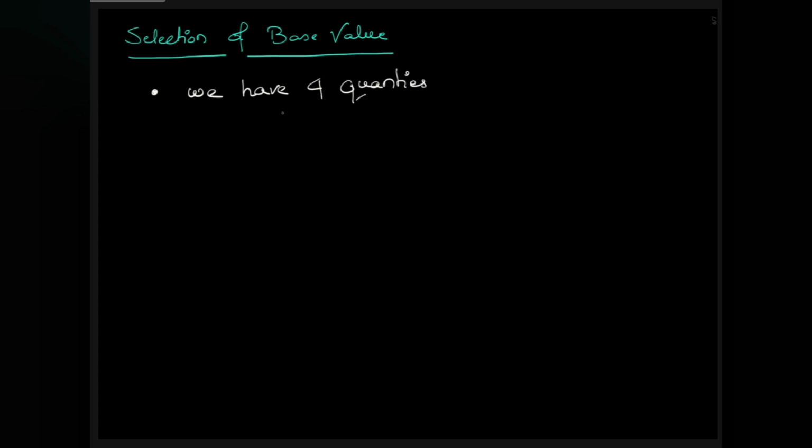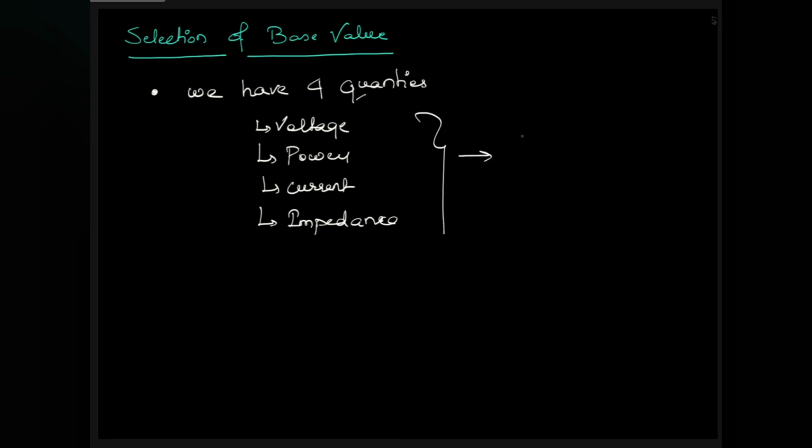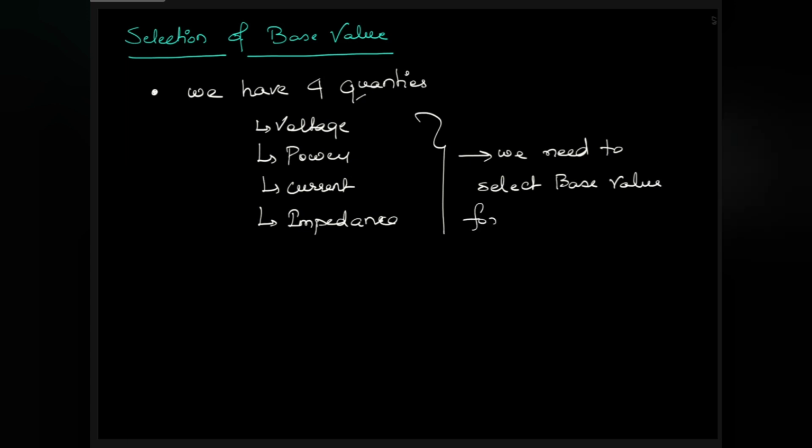Okay, those are voltage, power, current and impedance. So we need to select base value for all these quantities.